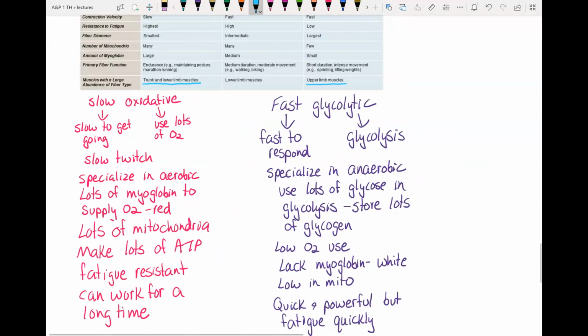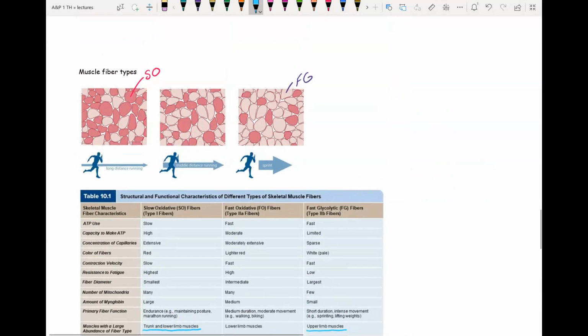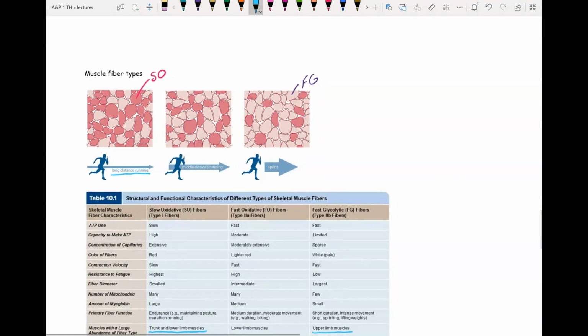If we go up to these pictures at the top, you can see here is our distance runner. This person has a natural talent for running marathons, and this person has lots of slow oxidative. So that's a genetic trait. He was born with a lot of slow oxidative fibers, so he's better at endurance activities.